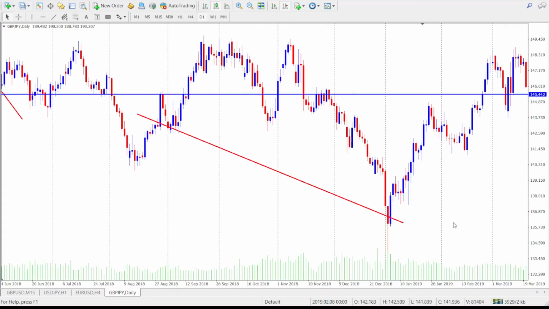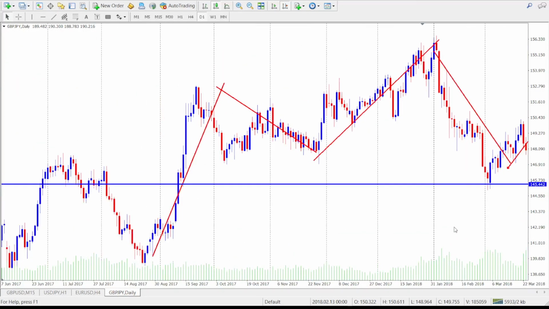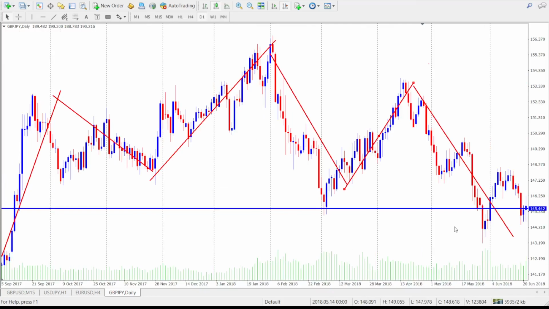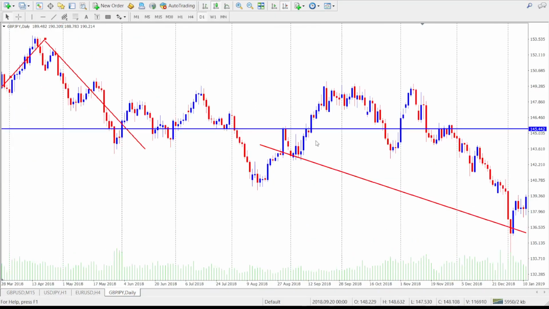The opposite is called an inverse head and shoulders, which signals a bullish reversal. That's when the head and shoulders are inverted. It's going to be something like this.